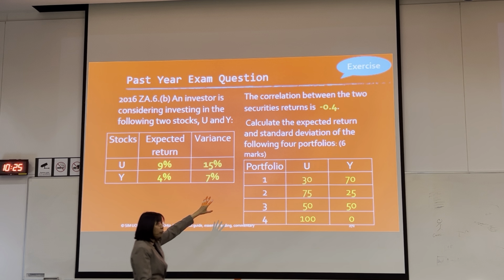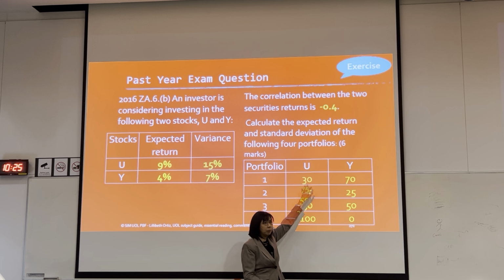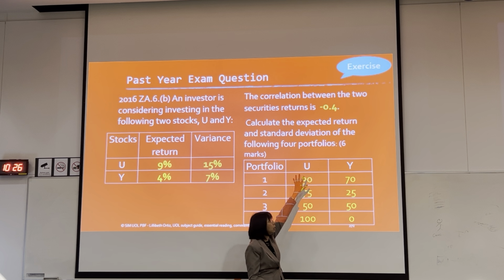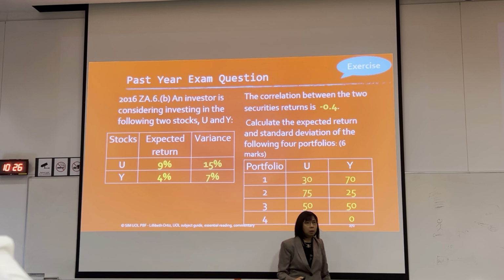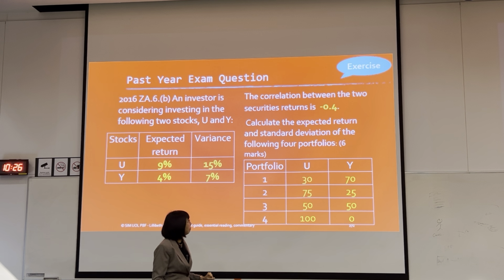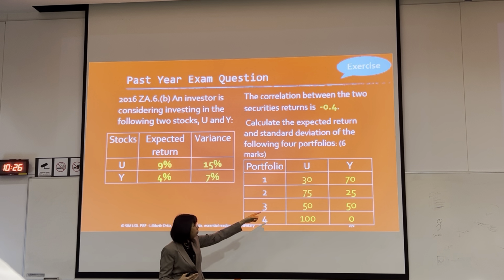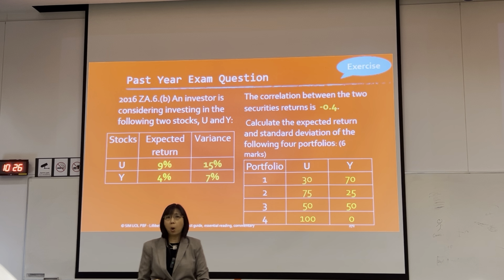So you form a portfolio with different percentages. Right? So maybe I'll put 30% of my money, let's say I have $100,000, I'll put 30,000 in stock U, 70,000 in stock Y. So I have a 30% and 70% proportion or weight in each stock. Then you test again, what if I put 75% of my money instead in stock U and 25% in Y, and so on.